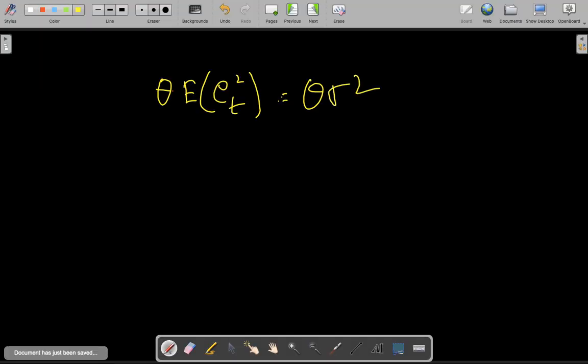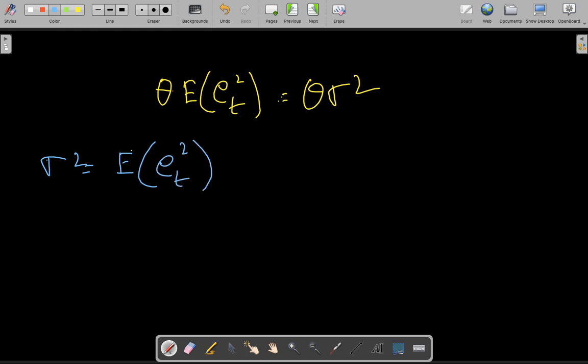How do I write this as my variance? Because I know my sigma square is nothing but, let me use a different color because this is some sort of explanatory note, my sigma square is nothing but the expectation of et square.